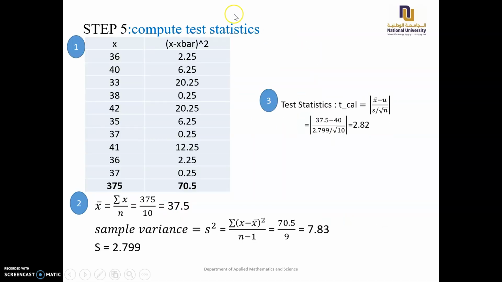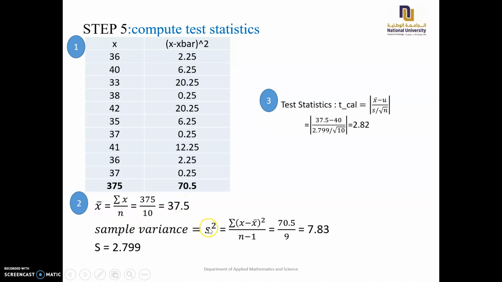Step number 5, you have to compute the test statistic, or the calculated value of your t. So we have our data, we have 10 data points. To compute the average, or the sample mean, we sum all the x's and divide by n. The summation is 375, divided by 10, which is n, gives you 37.5.